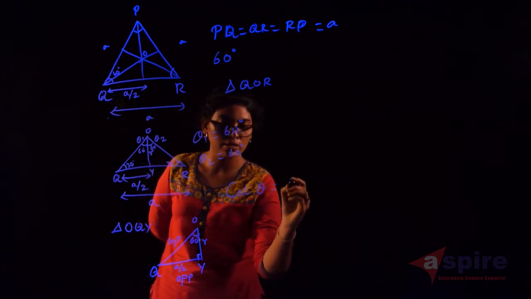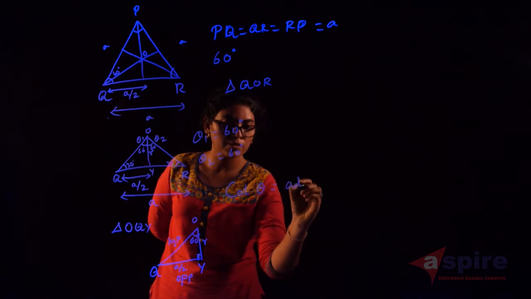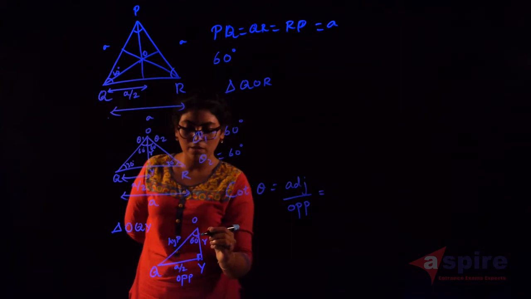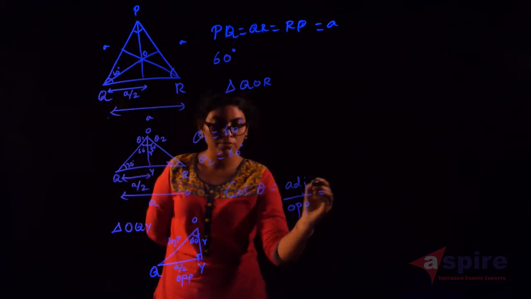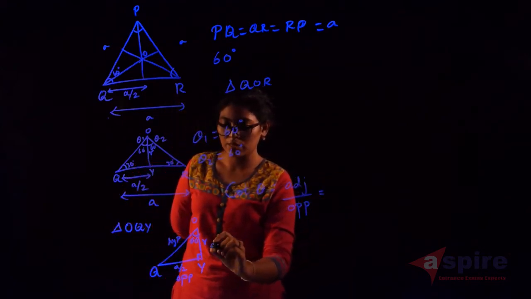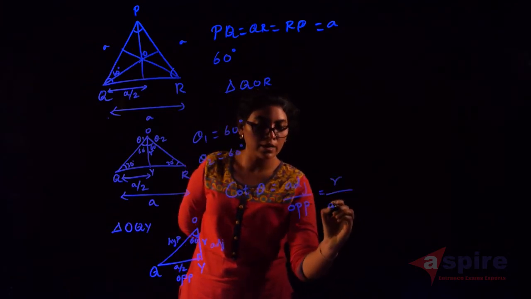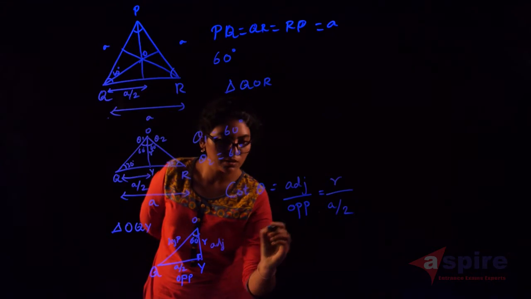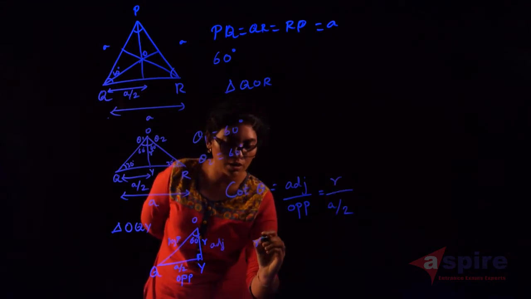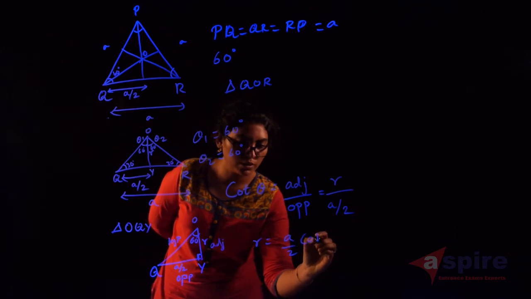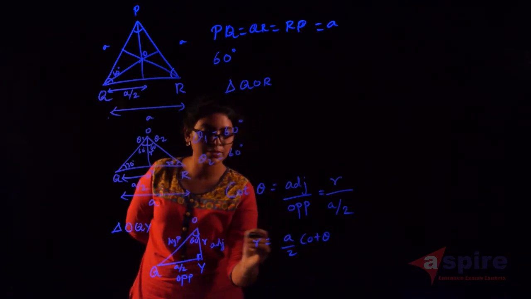Cot theta is equal to adjacent by opposite. So this is the adjacent side, so R by A by 2. So when I take it for R, R is equal to A by 2 cot theta, and theta here is 60 degree.